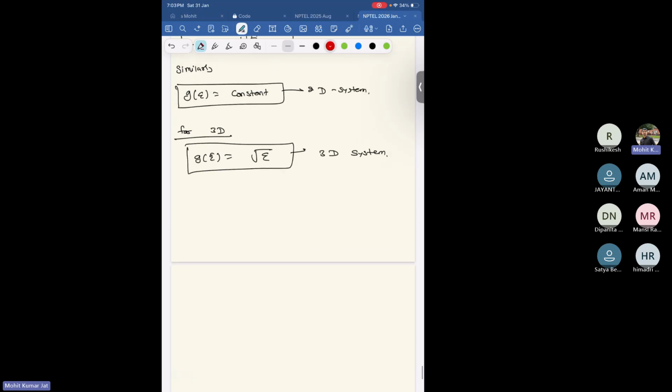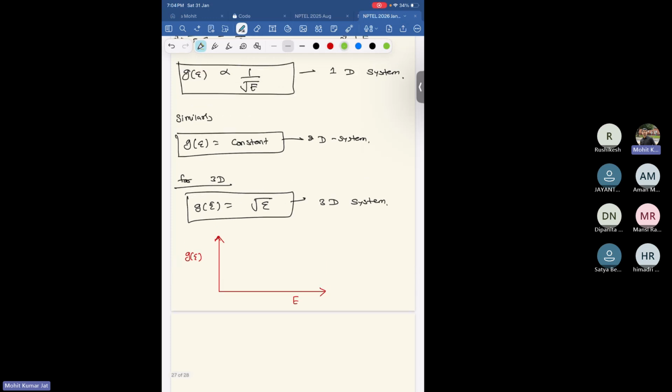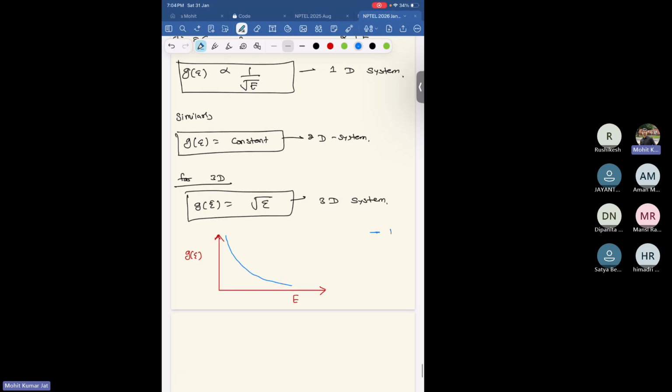So if I draw it on a graph, this is your density of states on the y axis, and this is your energy. The graph for 1D will be like this, 1 over square root of E. This color means 1D. Then for 2D it will be constant.